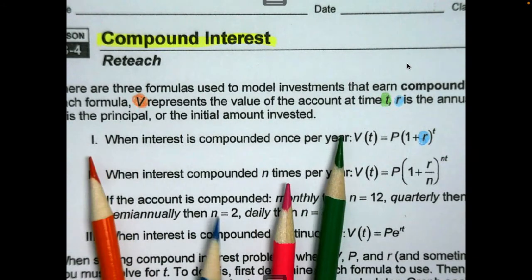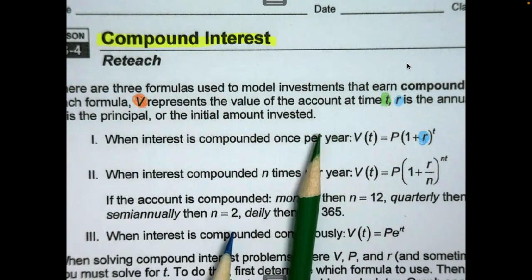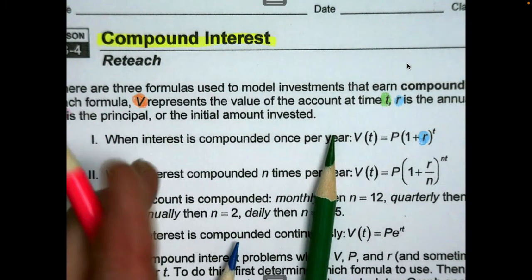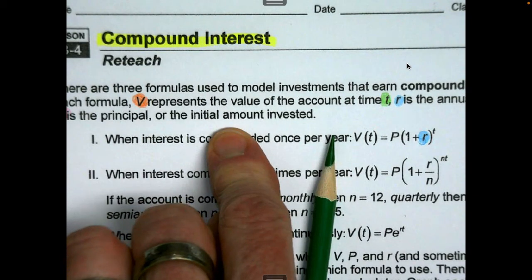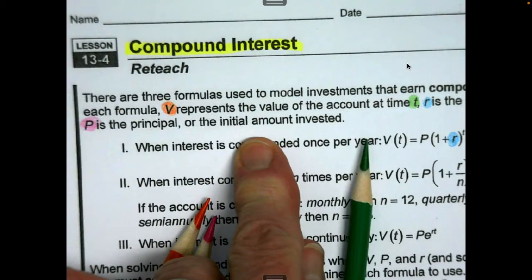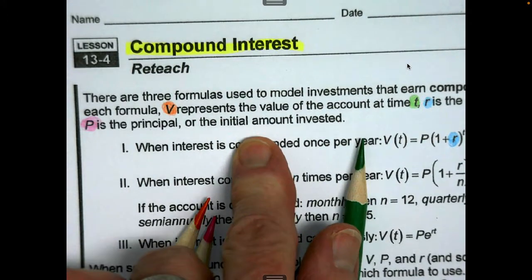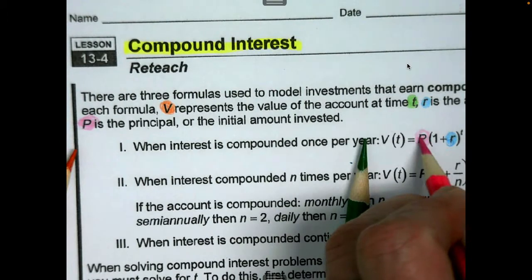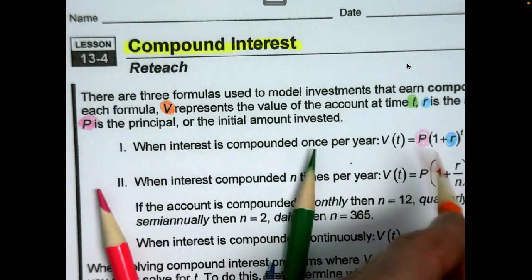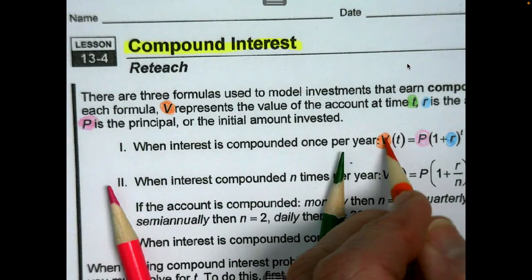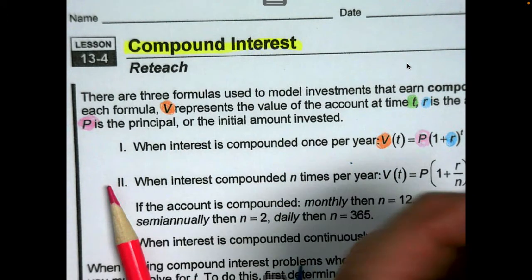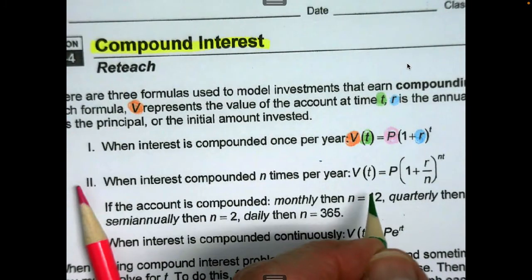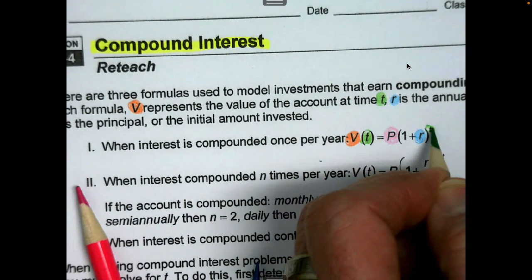And P is the principal, P for pink, or what you start with, what you put in the pot. Oop, you can't see my P being highlighted. Okay, so P is pink, V is orange, T is the green. And you notice this falls in this lesson because this is an exponential growth function.